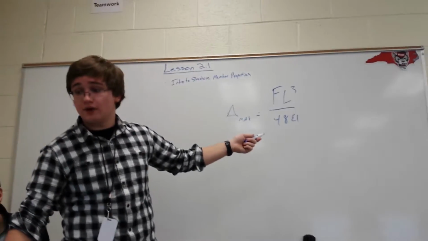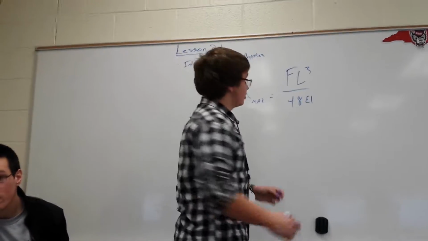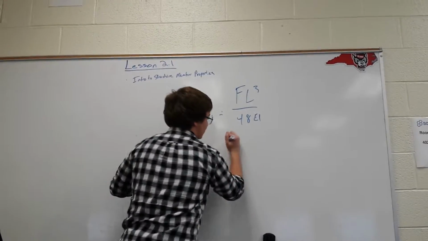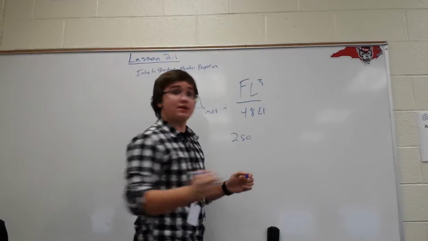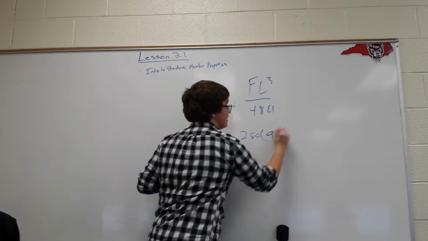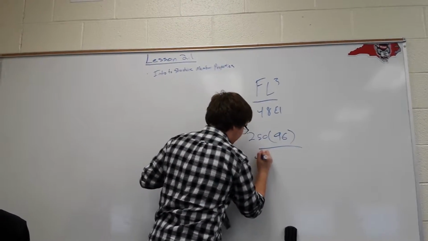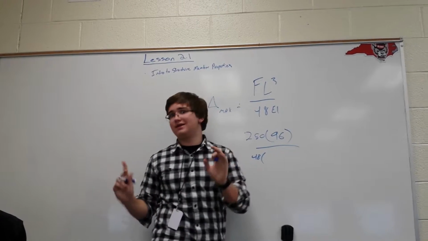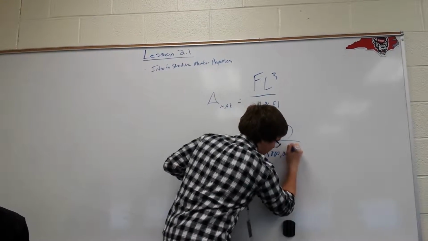So we can use the Douglas fir that we just had, right? We've got the force weighing down on it. Let's just say it's 250, right? And then the overall length, which is 96 inches, that is given to you in most problems unless you're working backwards. Times 48 times elasticity, which is a ridiculous number that you usually have to find. It's usually in the millions.